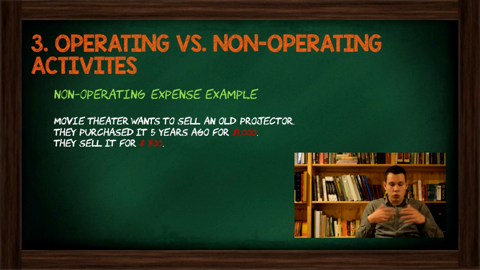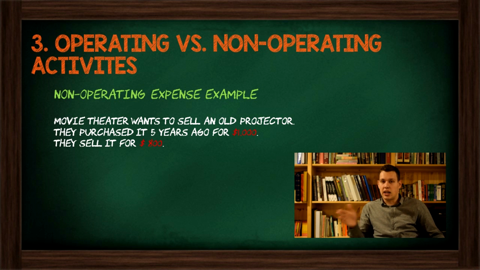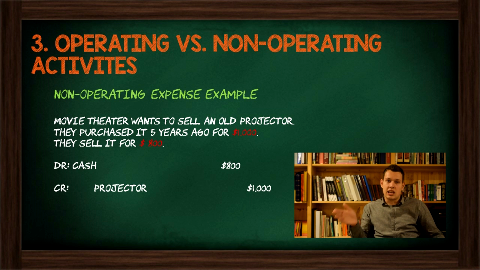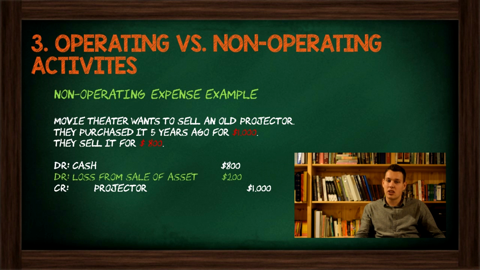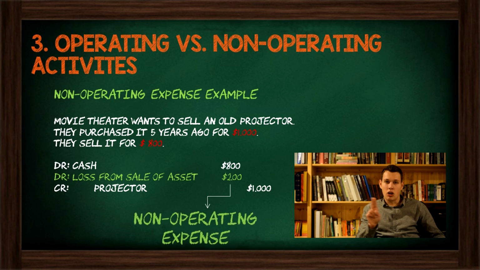So, when you do the journal entries and everything to record this transaction, what you do is you always write off the projector. So you'd credit the projector for $1,000, and then of course debit your cash for $800. But of course there's that gap in between. What is that gap? Well, it's a loss of $200 from the disposal of the asset, right? It's a loss. It's an expense, right? So that $200 is an expense, but it is non-operating.